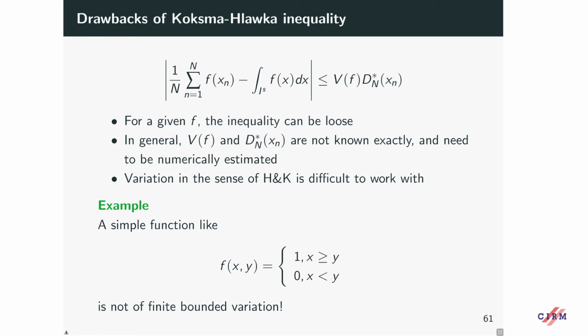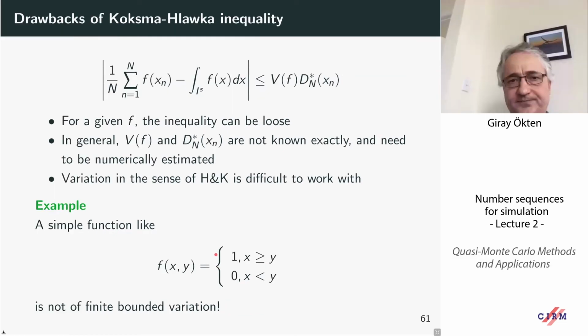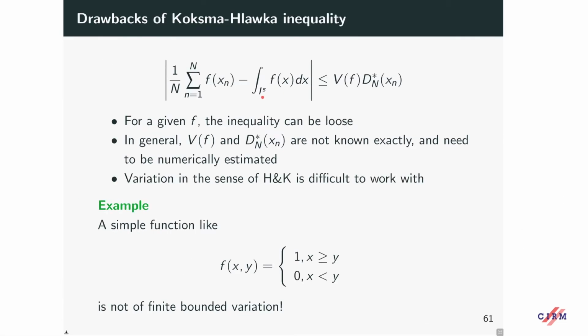Now, the drawbacks of the Koksma-Hlawka inequality. First, the inequality can be loose. What I mean by that is, given a function f, the actual error on the left-hand side could be much smaller than the upper bound. And if that's the case, the upper bound is not going to give you an idea of how big the error is.